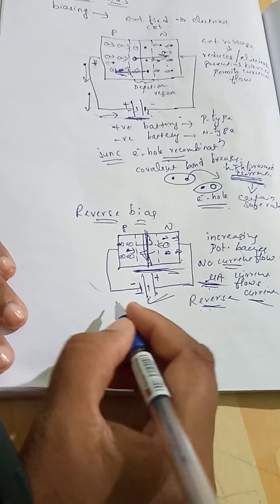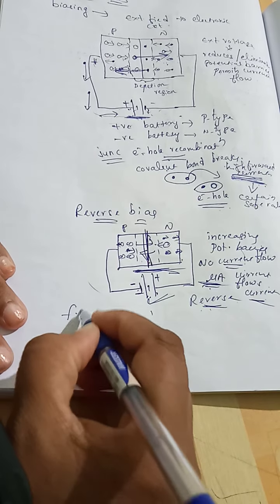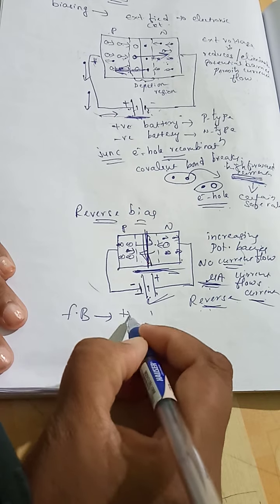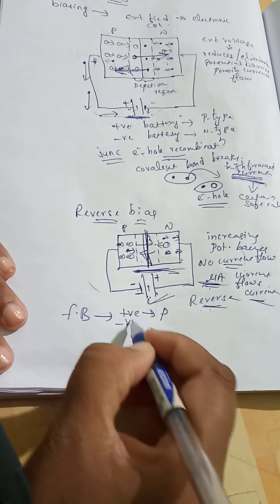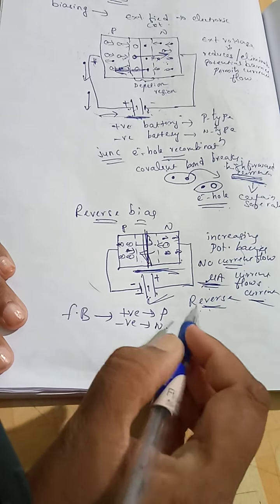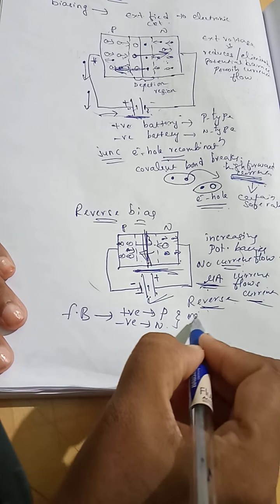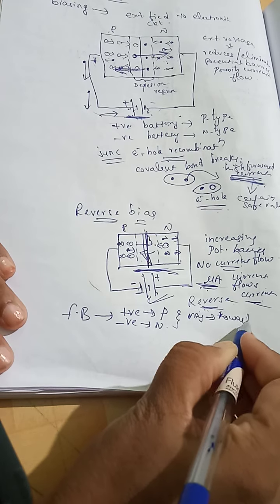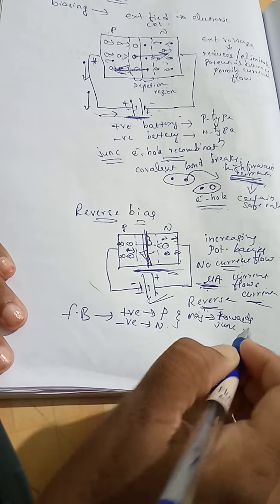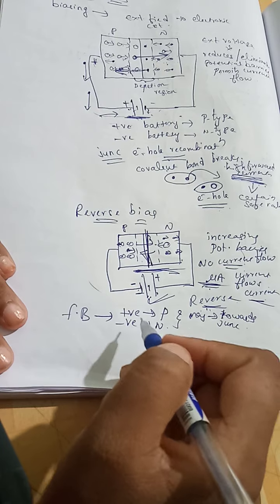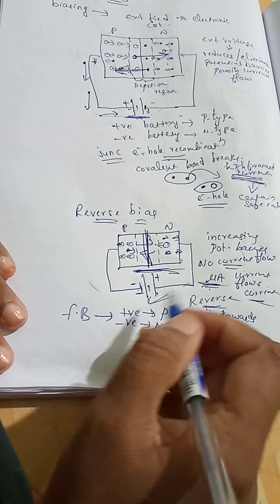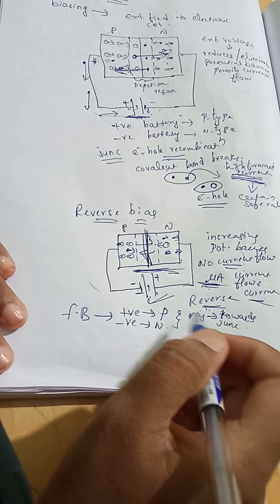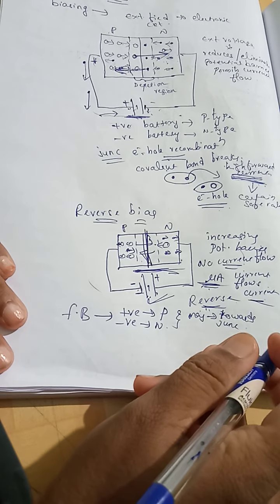If we come to the conclusion, in forward biasing, the positive terminal is connected to the P and the negative terminal is connected to the N. So majority carriers move towards the junction and get such additional kinetic energy that they can overcome the potential barrier and cross the junction.